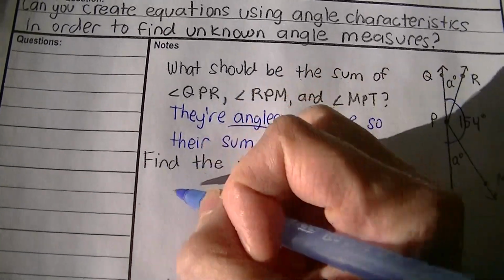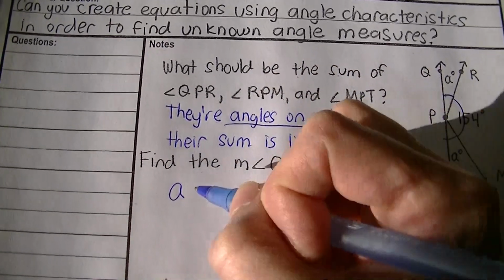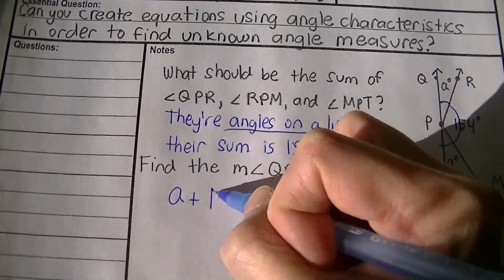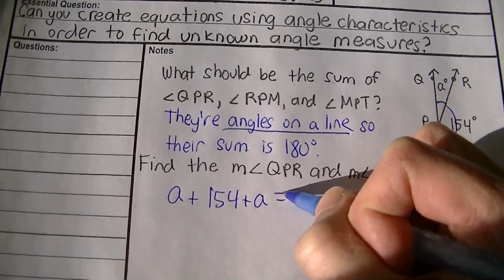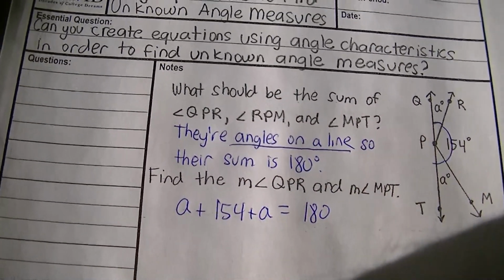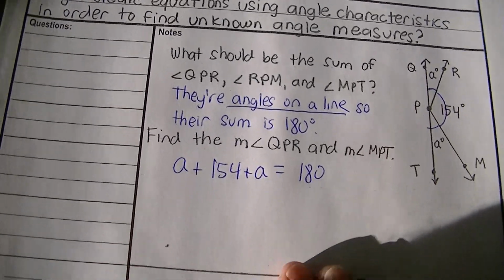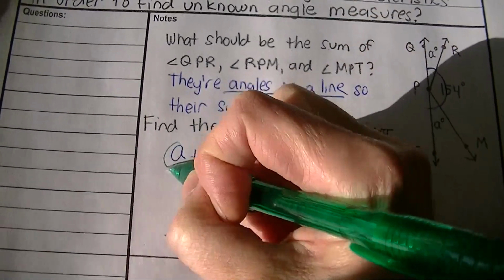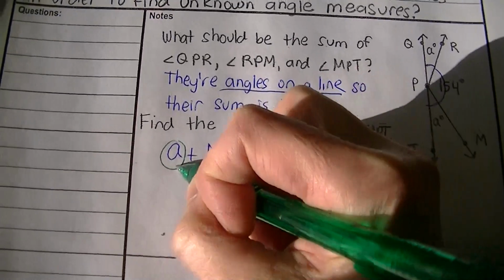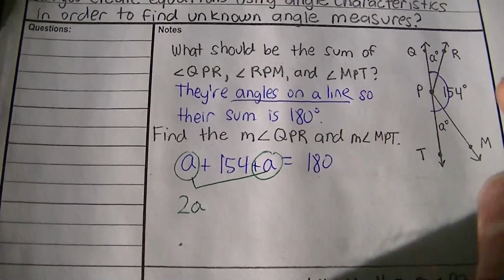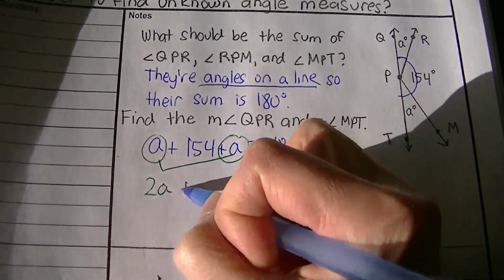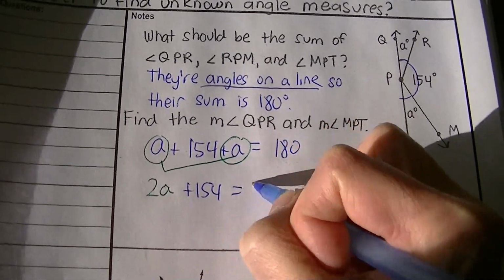So I have A plus 154 plus A, and their sum is 180 degrees. From there you have to simplify it before you can build it. A plus A simplifies down to 2A. Bring down your plus 154, your equal sign, and your 180.